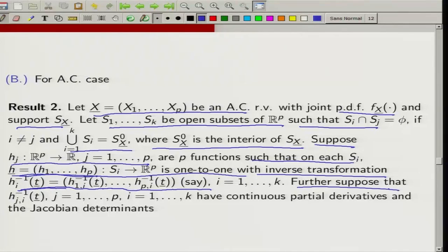Further, suppose that Hji inverse t have continuous partial derivatives, and suppose their Jacobian determinant is given by this. So, look at the Jacobian of these quantities with respect to T1, T2, ..., Tp.